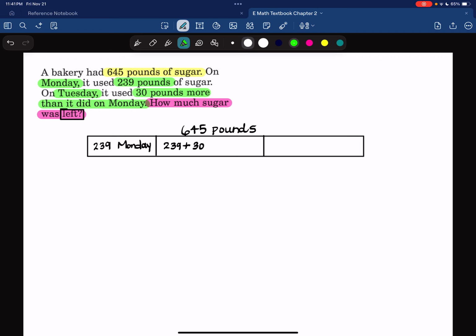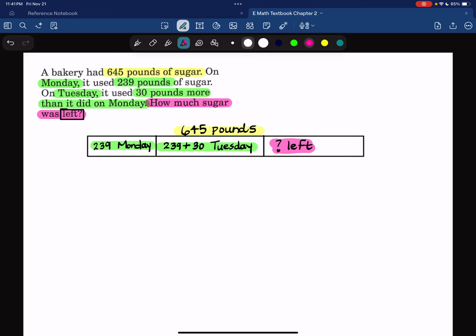So you have to take Monday's amount and add 30 to that to get Tuesday. And then you can find out how much was left over. So if you follow the highlighter, there's the Monday and Tuesday amount. Here's your total, and then here's what we're looking for.